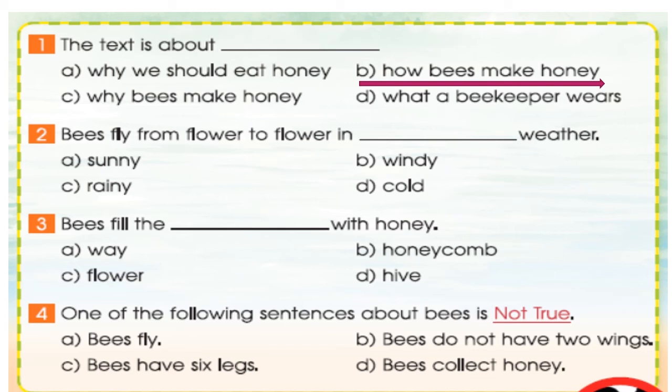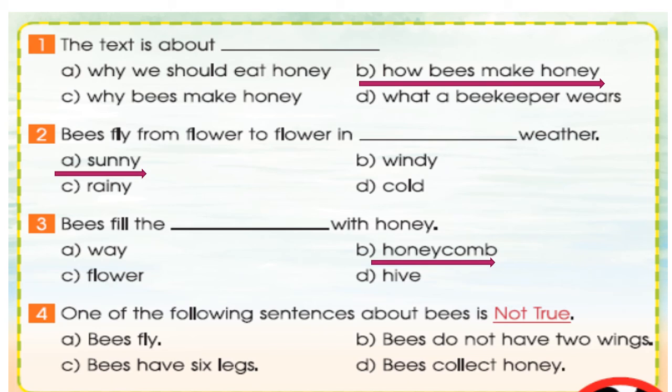How bees make honey. Number 2, bees fly from flower to flower in sunny weather. That's great. Number 3, bees fill the honeycomb with honey.